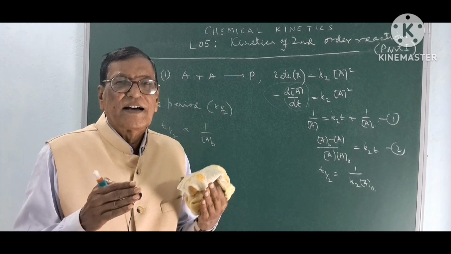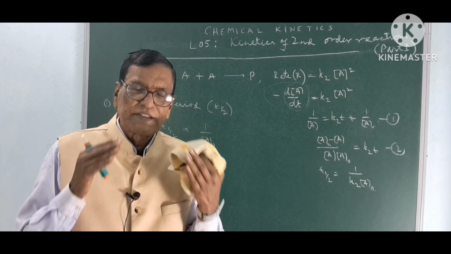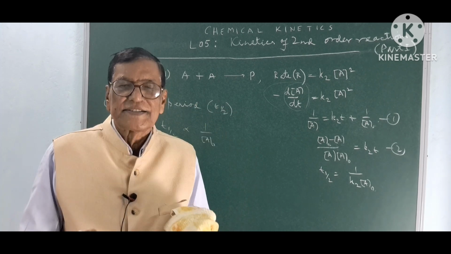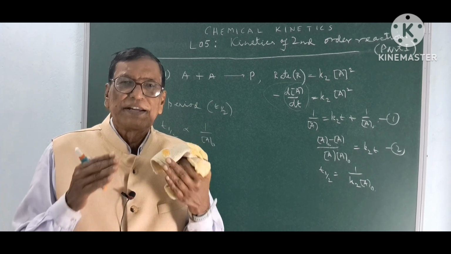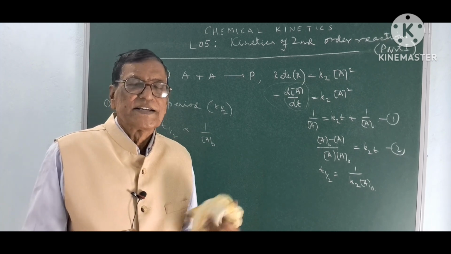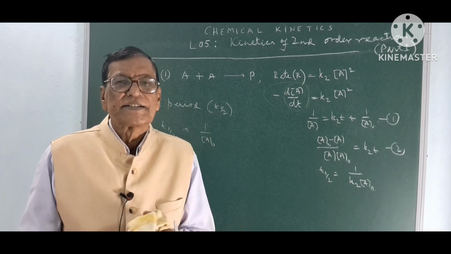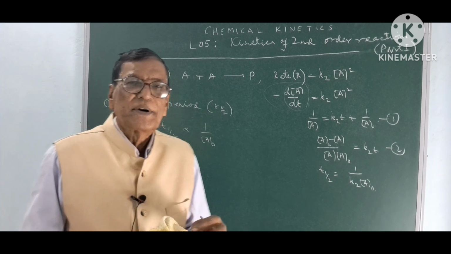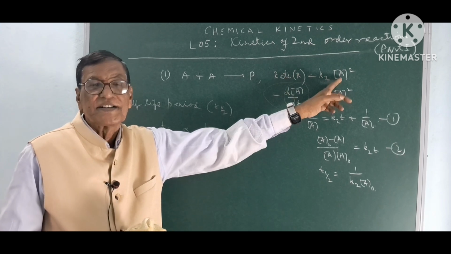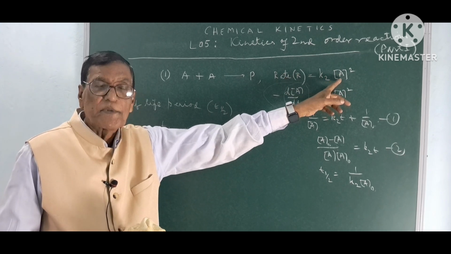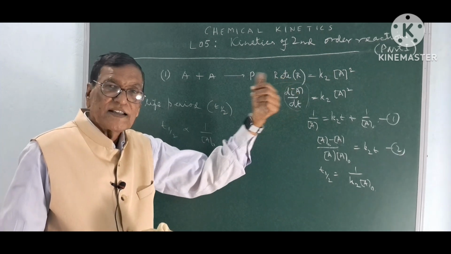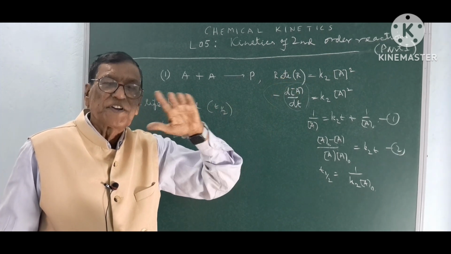Our thinking is that if we take a larger amount, then its half decomposition will take a greater time. But in this case, it is different. This difference is coming because we are considering the second order, where the rate is increased. If the concentration of this reactant is greater, then the rate becomes high.